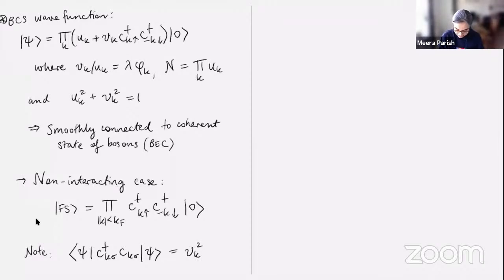So in the non-interacting case, if I were to plot this VK squared, I'll just have this kind of step function up to this momentum Kf. All right, maybe I'll pause here. Are there any questions about this?